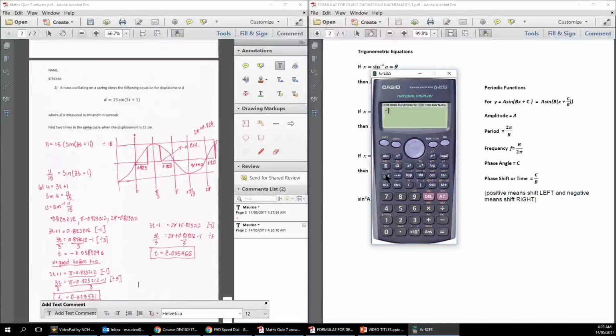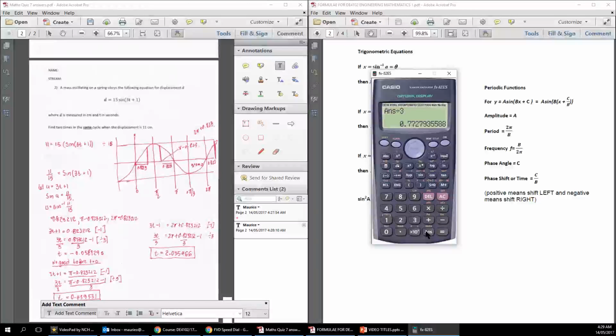Minus answer equals. Okay. And then I'll add pi plus pi, which is effectively equals, and then divide by 3. Divide 3 equals.